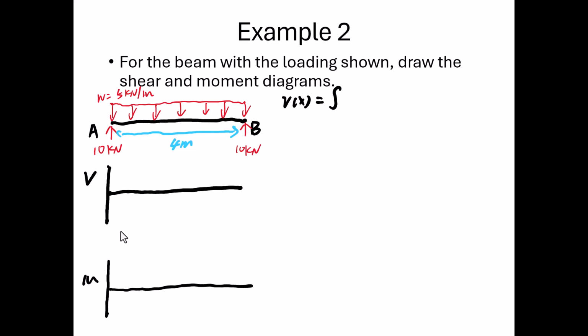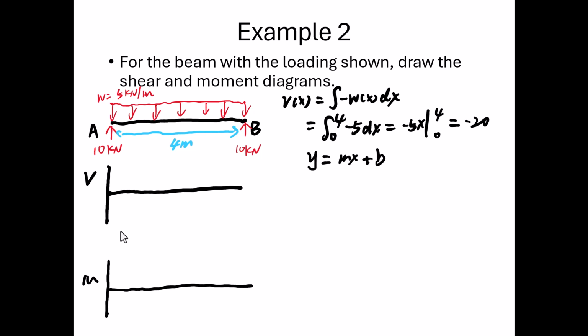Our load is -5 dx, which gives -5x bounded by 0 and 4, which means our shear diagram will move down by 20. Its shape will be mx plus b, which is -5x plus 10.